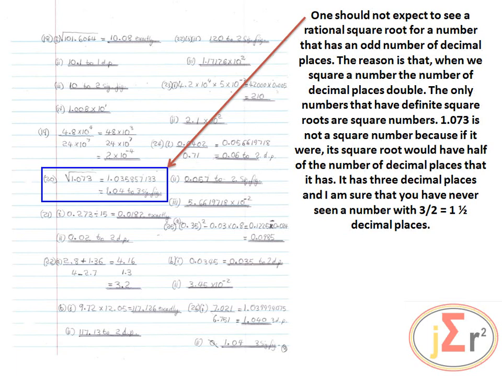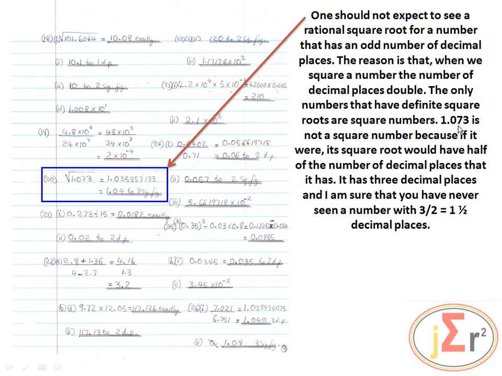The reason is that when we square a number, the number of decimal places doubles. The only numbers that have definite square roots are square numbers. Only square numbers have definite square roots. And if we square a number, the number of decimal places will double.